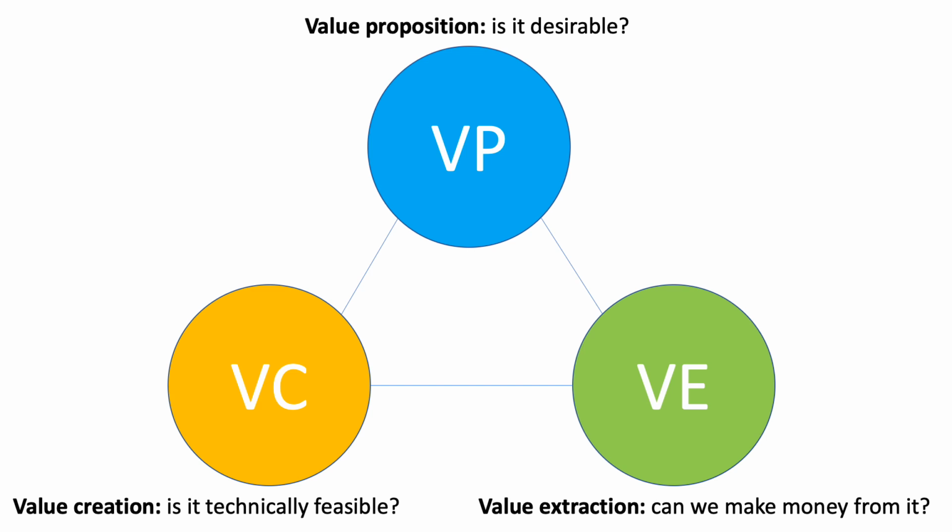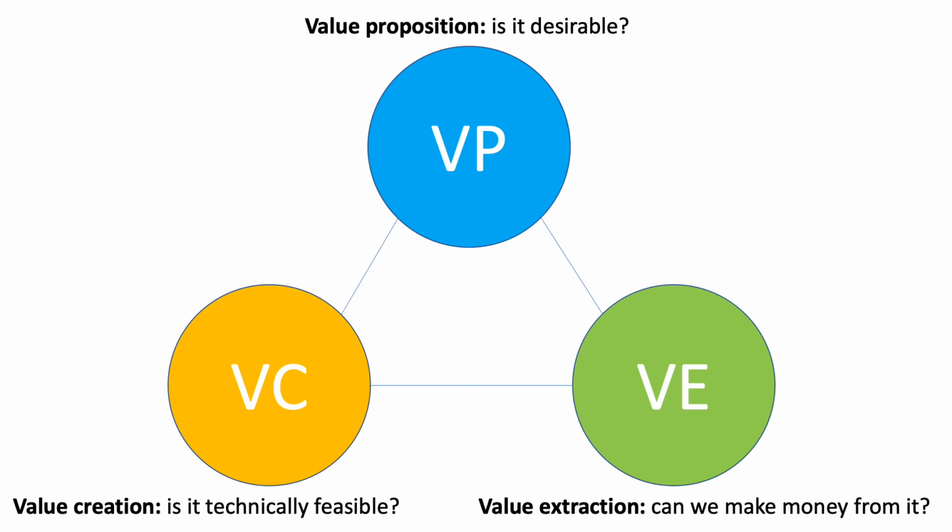And then once we've identified what it is that we're trying to do, our value proposition, and how we're going to create it so that we can technically do it, then the last thing we have to identify, and that's the green circle, can we make money from this? Can we extract value?